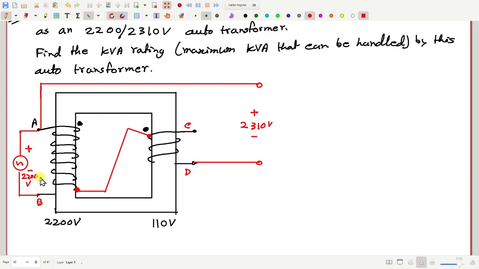Therefore terminal AB is the primary side of this reconnected auto transformer with 2200 volt voltage rating, and terminal AD is the other side of this auto transformer with voltage 2310 volt.